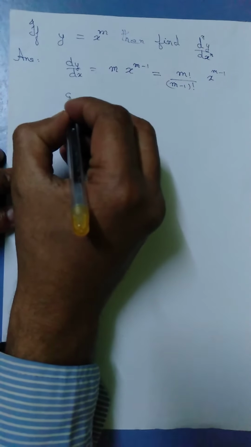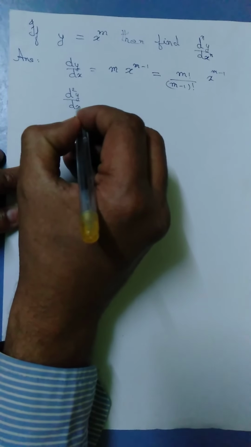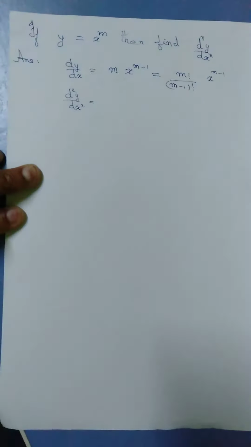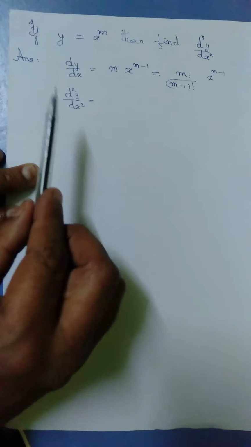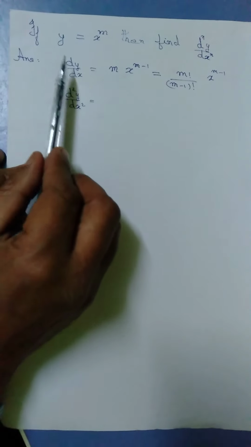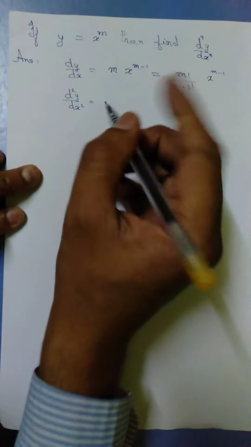What about the second derivative, d2y by dx square? If you differentiate the first derivative, then you will get the second derivative. d/dx of dy by dx is d2y by dx square.